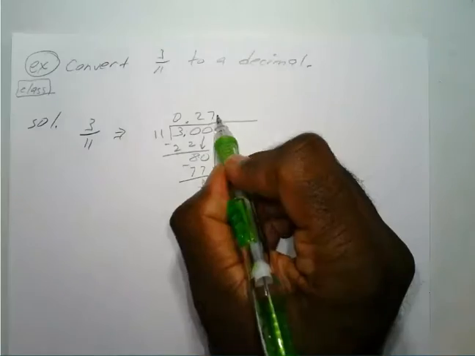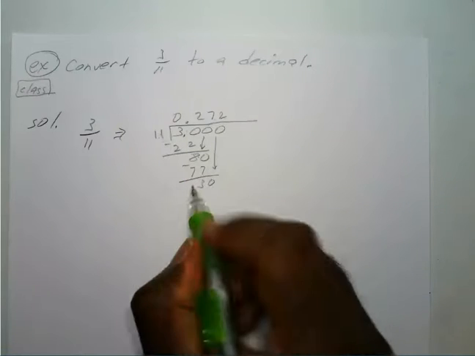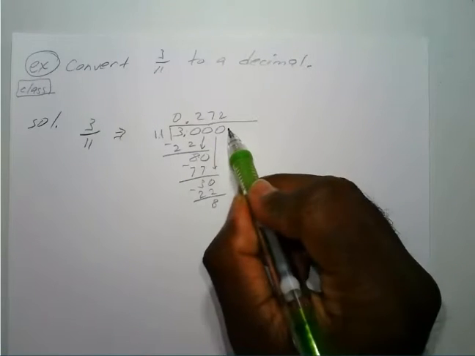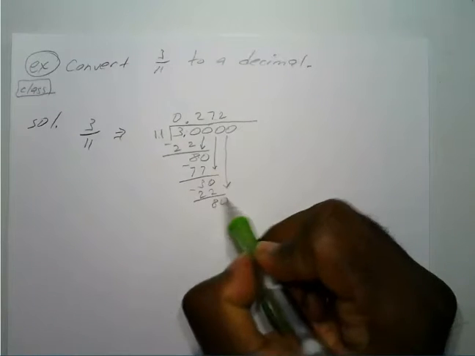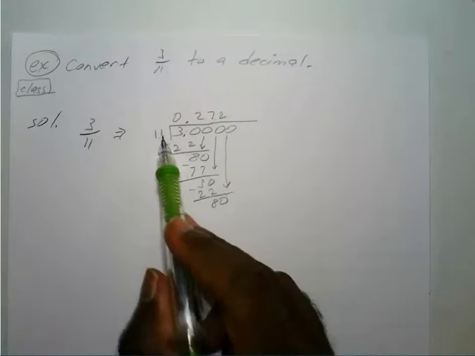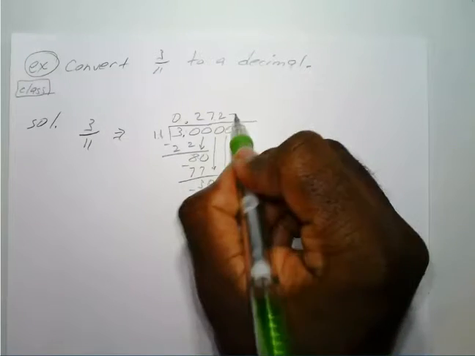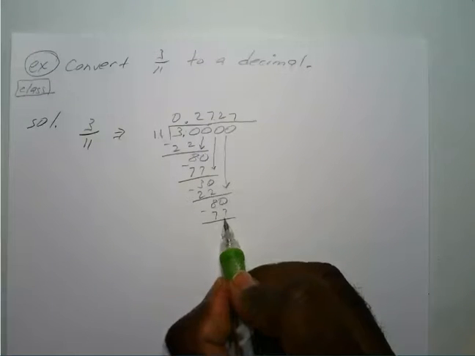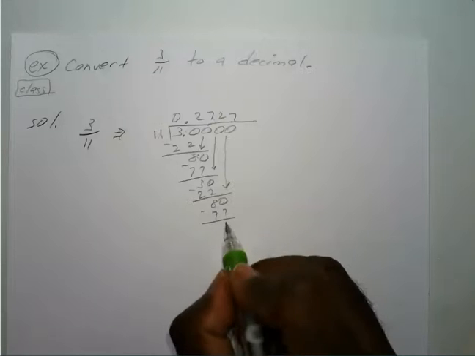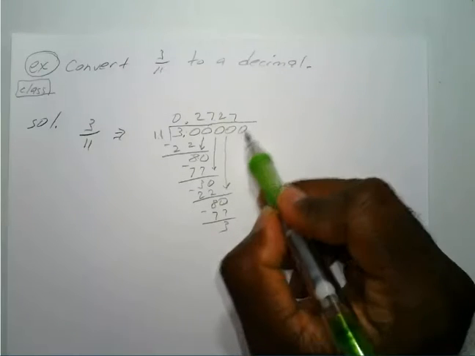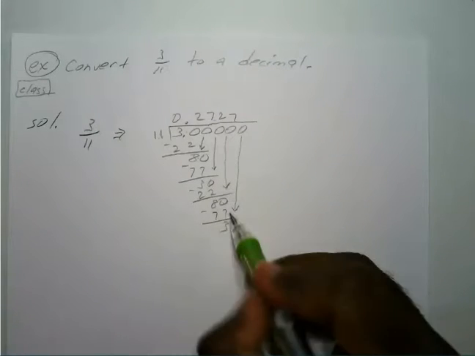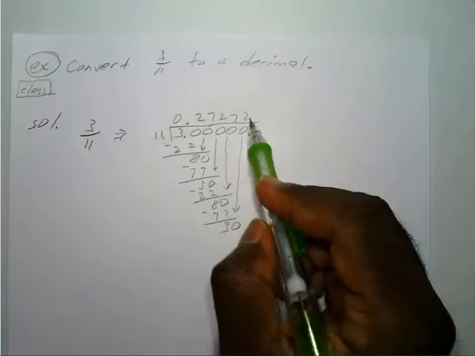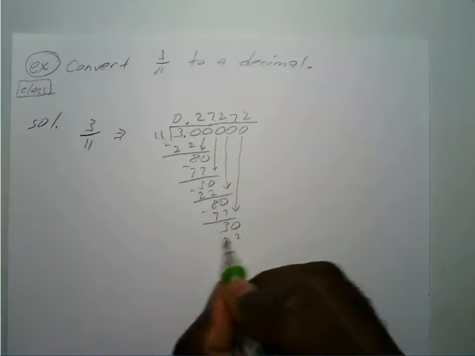11 goes into 30 twice. 11 times 2 is 22. 30 minus 22 is 8. We go ahead and add another 0. 11 goes into 80 7 times. 11 times 7 is 77. 80 minus 77 is 3. We go ahead and add another 0. 11 goes into 30 twice. 11 times 2 is 22.